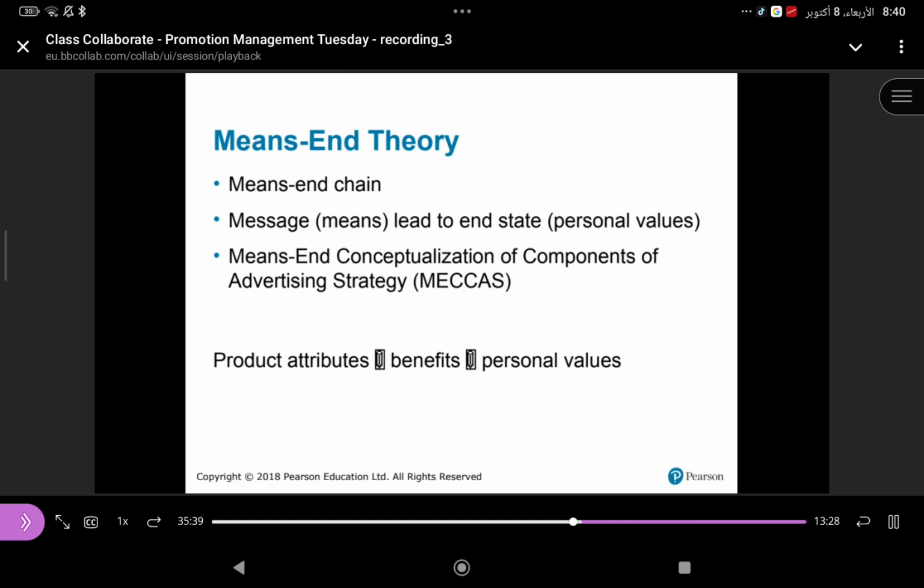Ads should show how product features lead to a benefit, how it will benefit, what is the fayda, which then connects to the deeper consumer value, like developing a product which has a new design or which has new features.